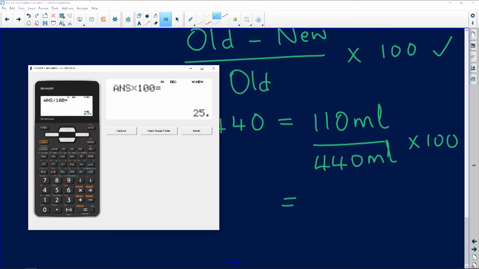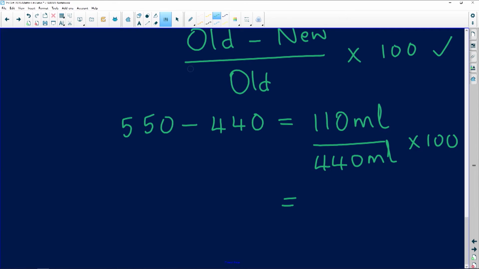It's 25. Okay? So now we can see that it's a 25% difference.